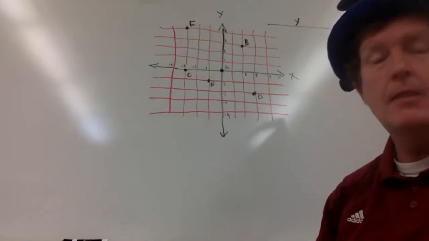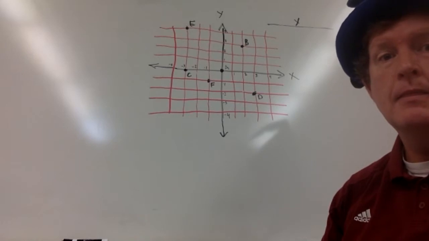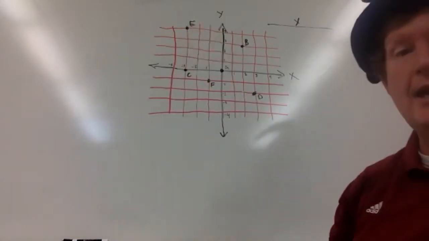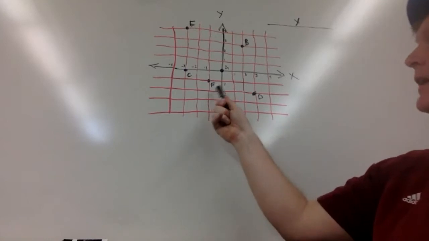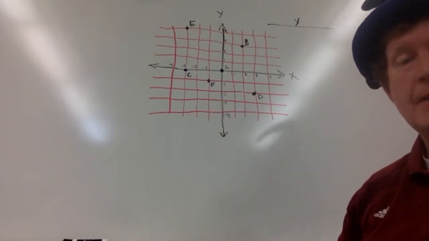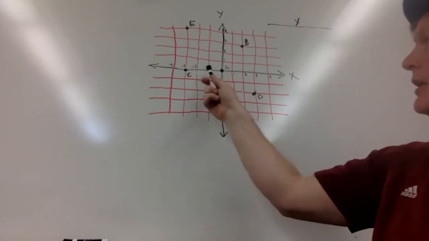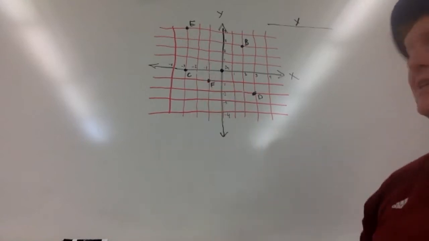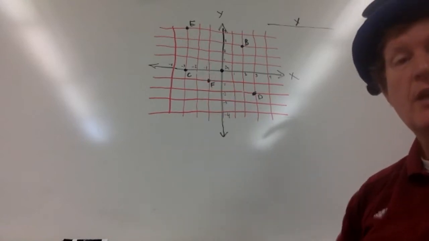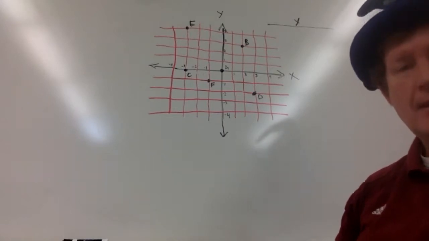Jamie. -3 and 4. Good. And the last one, F, right here, Darian. -1, -1. You went to the left 1 and you went down 1. So it's -1, -1.